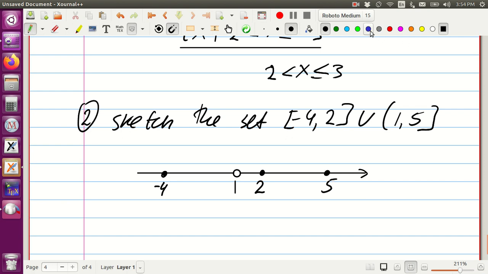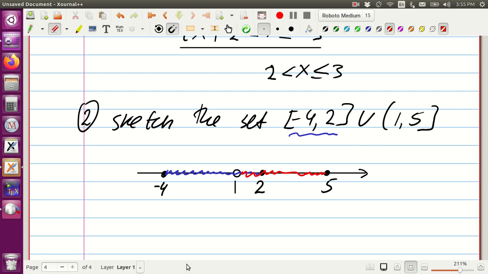So let's choose some colors. Blue for the -4 to 2. So -4 to 2 goes in blue, and 1 to 5 goes in red. All right. So in here, we have to take everything. Since we're talking about union, that means we have to take everything possible.